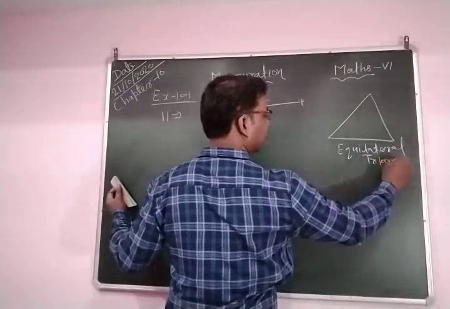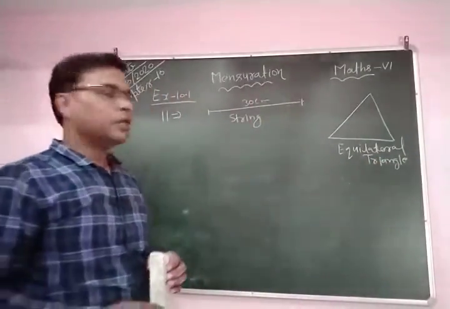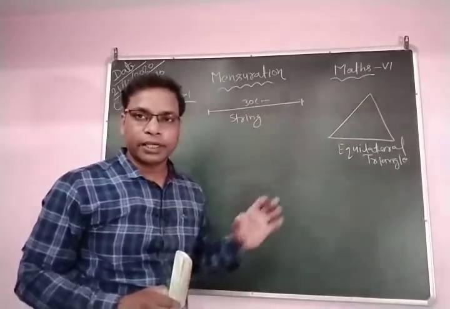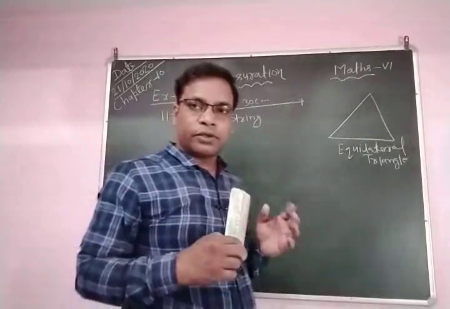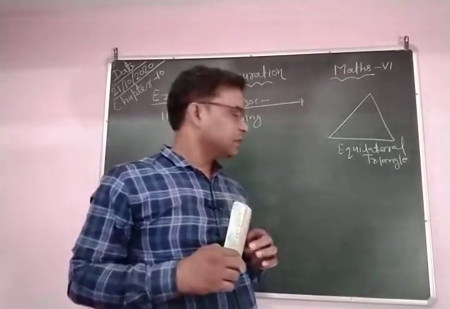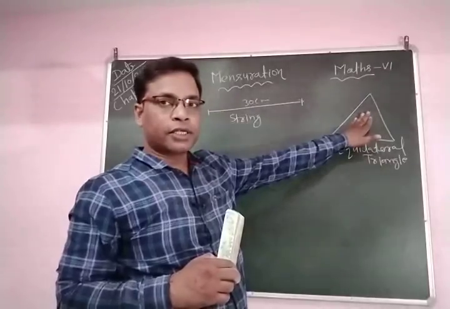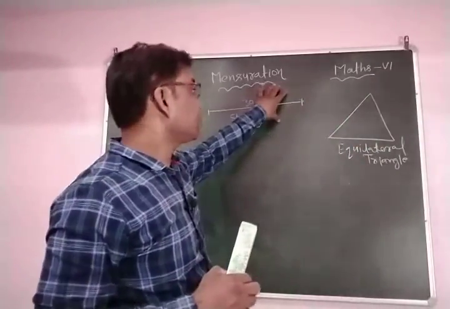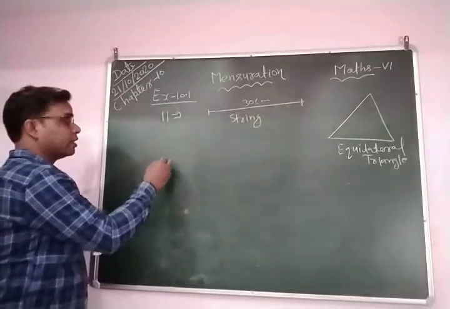So we need to find the side of this equilateral triangle. For this we need to find the perimeter of the equilateral triangle. The perimeter of this equilateral triangle is equal to length of string.